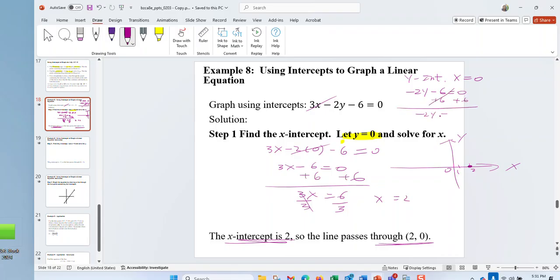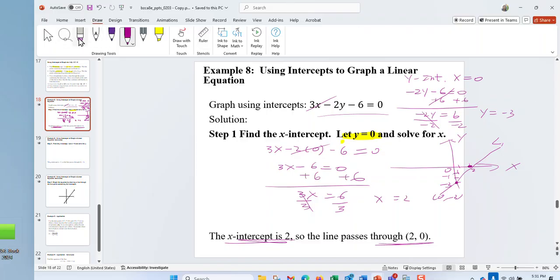Negative 2y equal to 6, divided both sides by negative 2. So y will be negative 3. So when x is 0, y is negative 3 right here. Then just connect these 2 points together. And that's it. This is done.